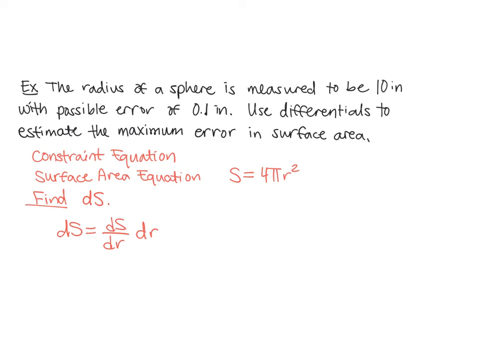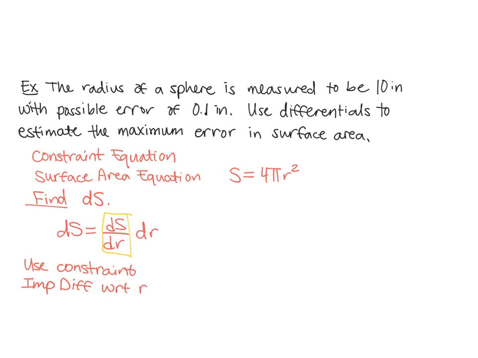So we need to find ds over dr. So we're going to use our constraint equation, and we're going to do implicit differentiation, and we're going to take the derivative with respect to r.